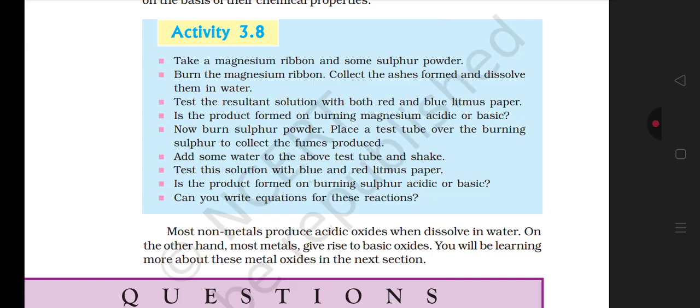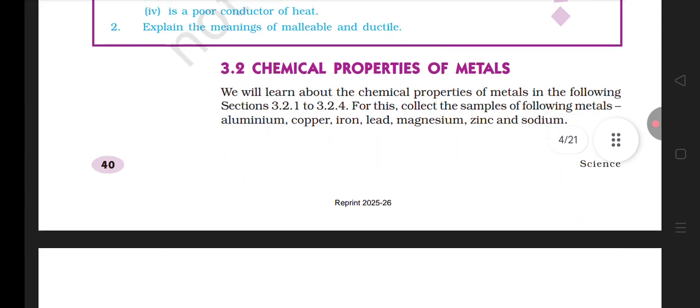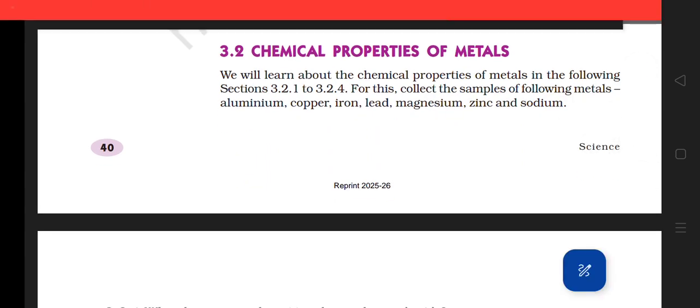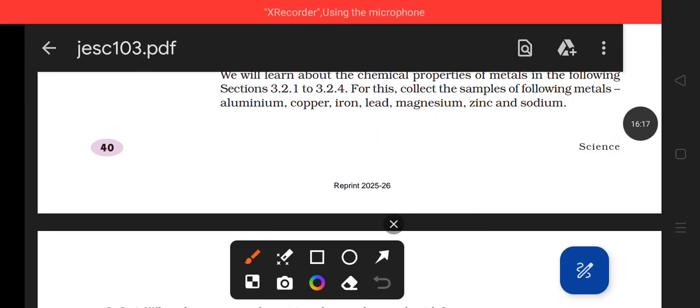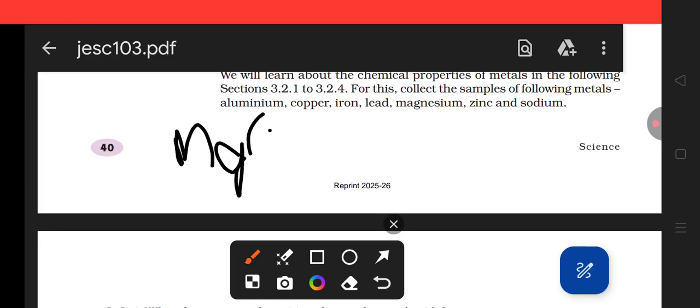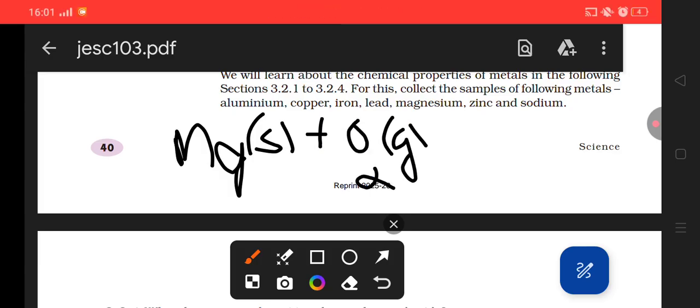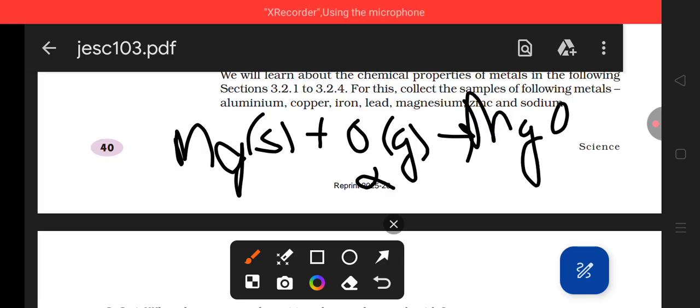Of course we can write. See students, I'm writing the equations, so see them very carefully. If I talk about magnesium, when it reacts with oxygen, which is gaseous at room temperature, we get MgO, which is magnesium oxide.